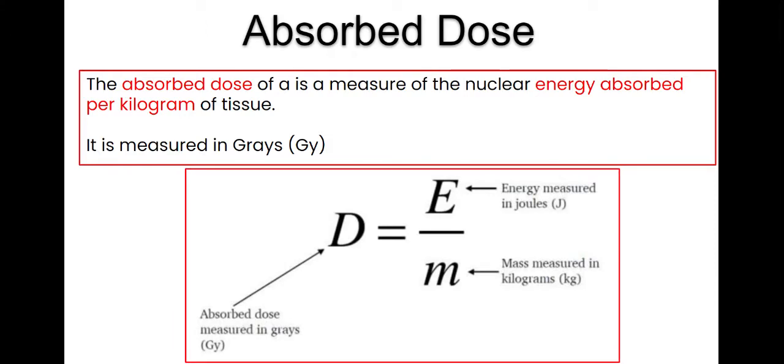And we can write the formula as D equals E divided by M. D is the absorbed dose, measured in grays. E is the energy, measured in joules. And M is the mass of tissue that's absorbing that energy of radiation, measured in kilograms.